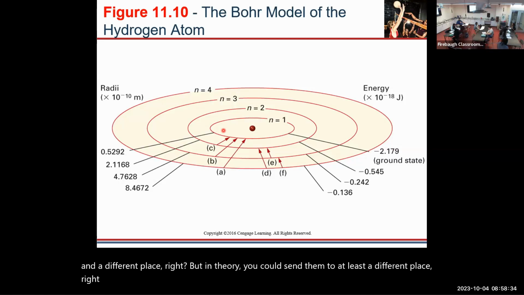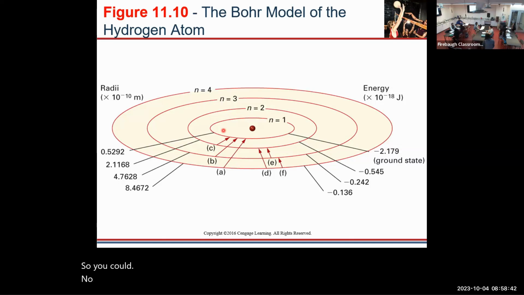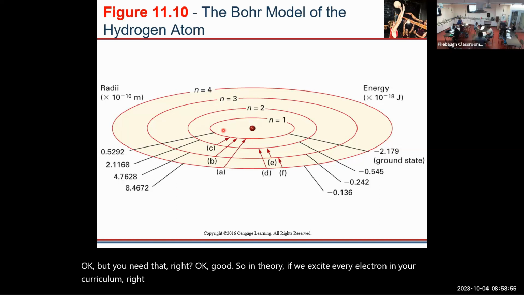So for instance, how many of you guys eat turkey for Thanksgiving? Do you cook it? You cook your turkey? Okay, but you eat it though, right? Okay, good. So, in theory, if we excite every electron in your turkey that's in your oven, we can excite it so much that it will end up on my table.